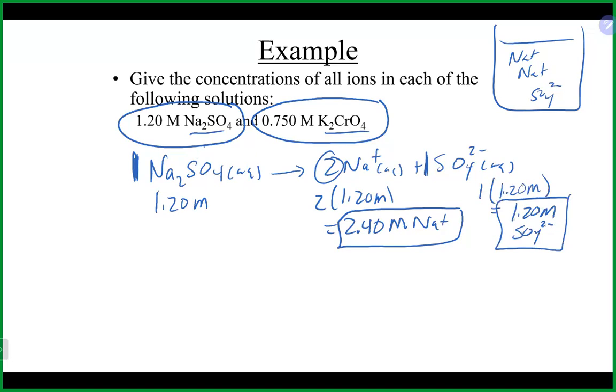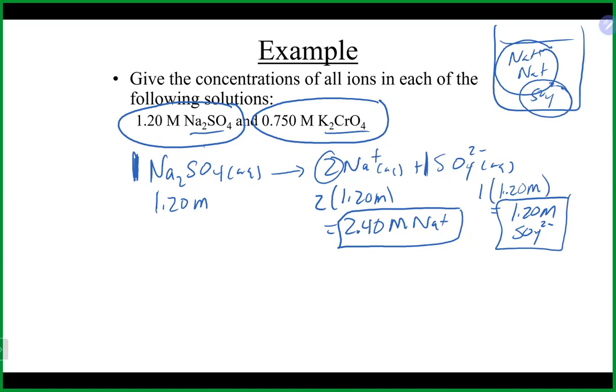As we talked about last time, obviously it's not additive, so 2.4 and 1.2 doesn't give us 1.2. It is proportion-wise of what you get, and just visually looking at what I drew up here, we get pretty much twice the amount of sodium per sulfate that goes in there, so it's twice as concentrated in terms of the concentration of the sodium ions versus the sulfate ions.